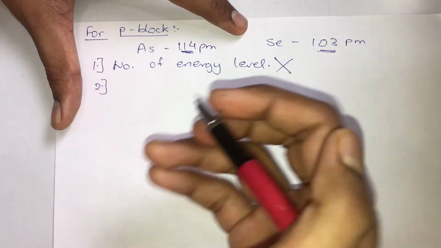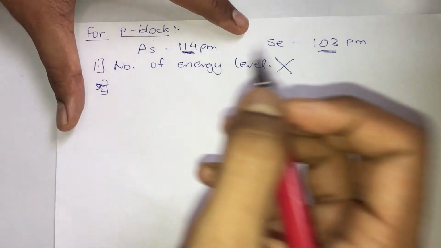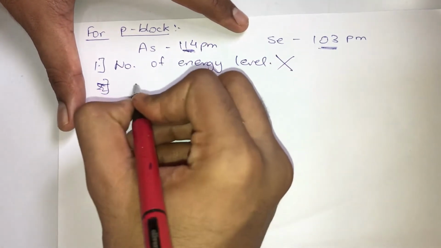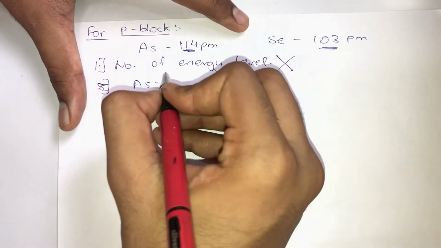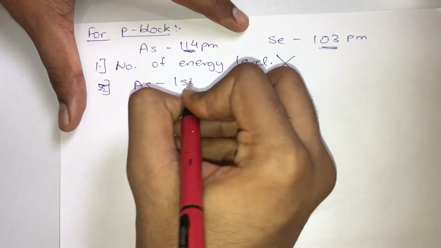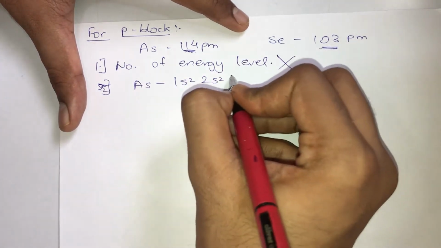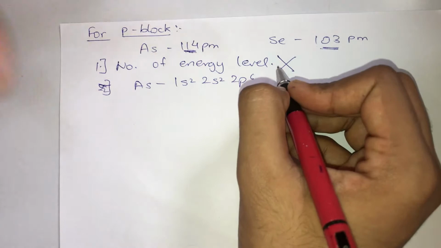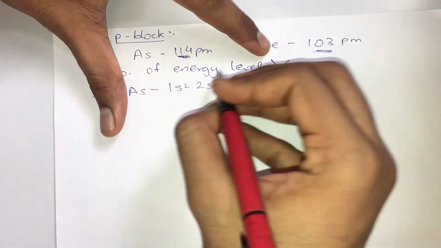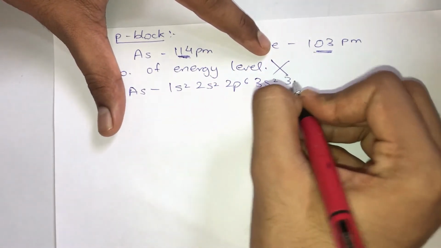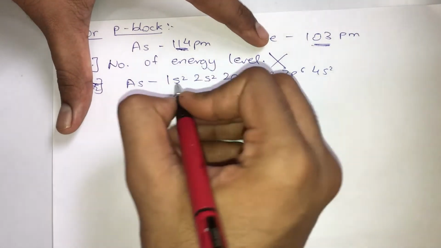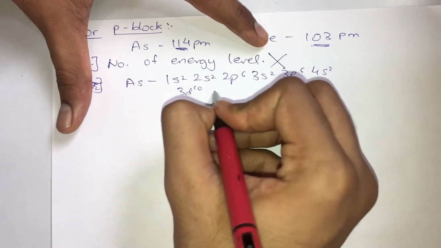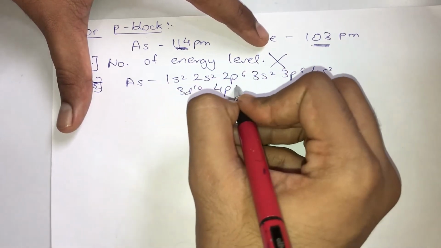Like the previous S block case, I am first going to draw their models. The electronic configuration for arsenic comes out to be 1s2, 2s2, 2p6, 3s2, 3p6, 4s2. I'm writing below now, 3d10 and 4p3.